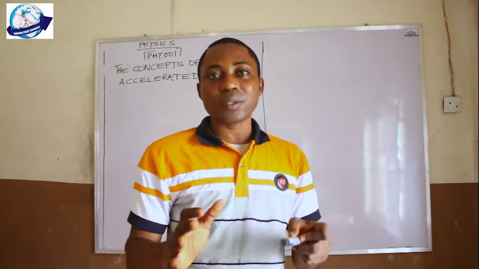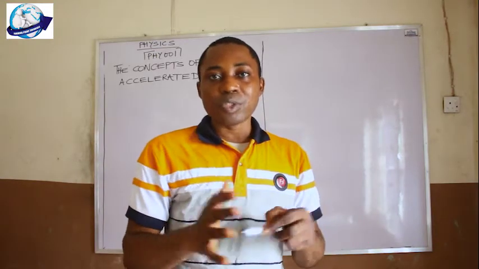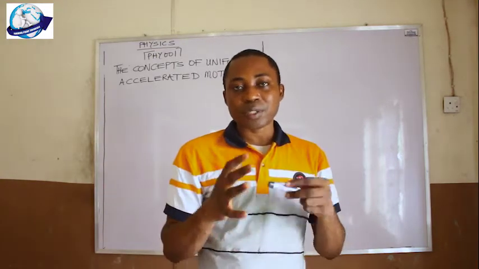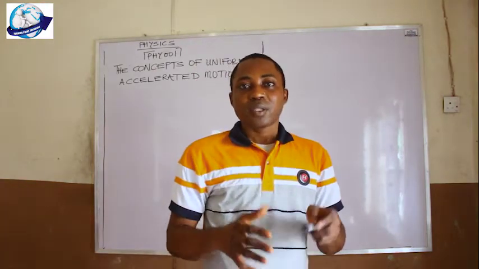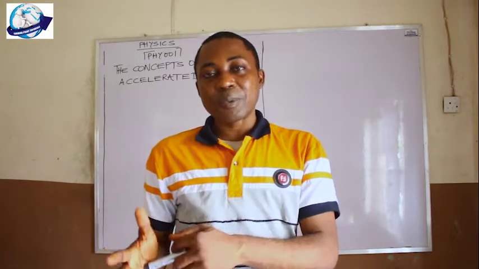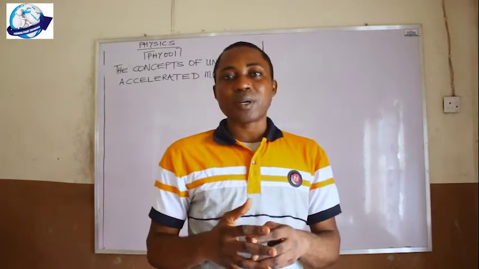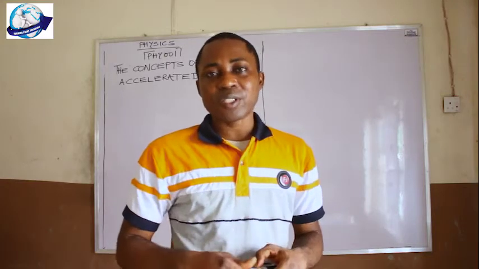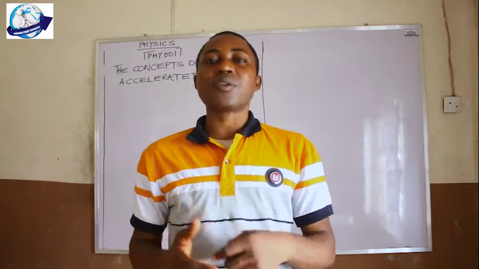We will talk about some parameters we use in discussing motion, uniformly accelerated motion. Those parameters or concepts are distance and displacement. We'll see the difference between the two of them. We'll also go further to talk about speed and velocity. Then we'll discuss acceleration and deceleration.